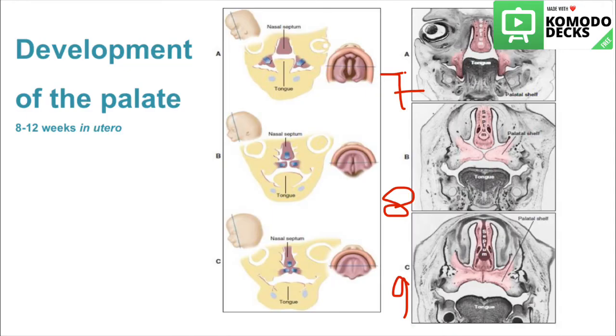In week 9 we will have full contact. After the approximation of the shelves, we see the vertical growth, the horizontal growth, and the full contact here. At week 9 we have full contact of the two shelves.